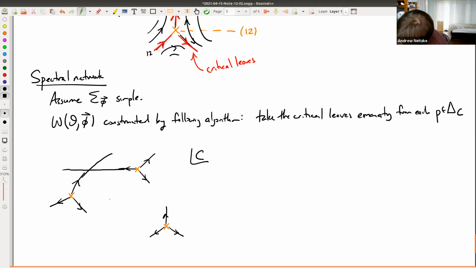But now, as we've seen, leaves of these foliations can intersect when projected down to the base. And when they intersect, we include additional half leaves.